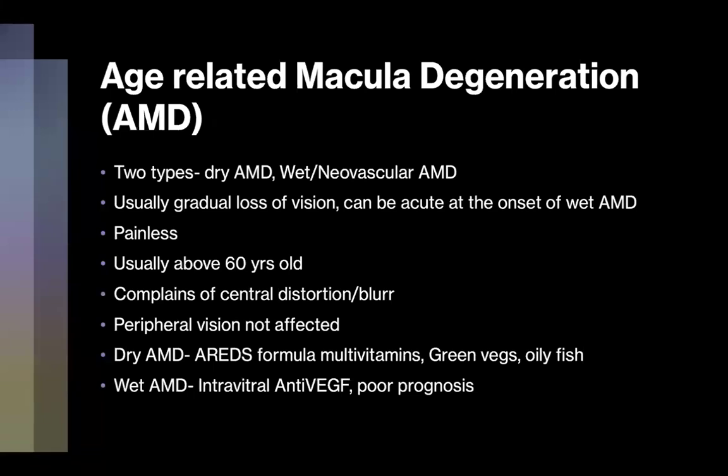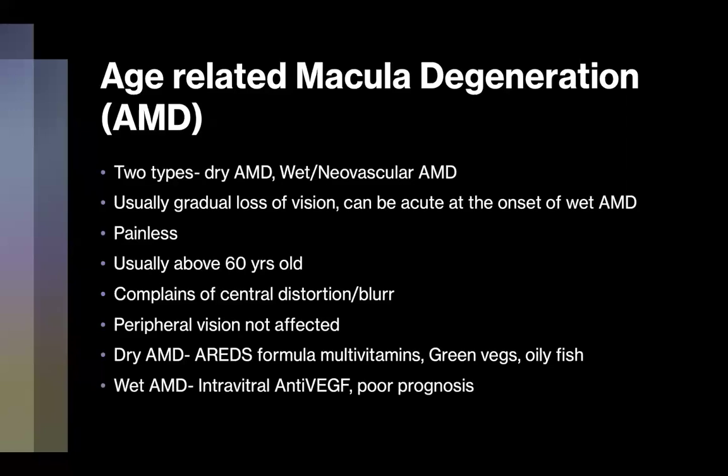And above 60, patients come with distortion at the center. Patients will tell you that there's difficulty in reading. Lines are distorted. And so the problem is basically at the center. Their peripheral vision is fine. And for dry AMD, there's not much proven treatment.